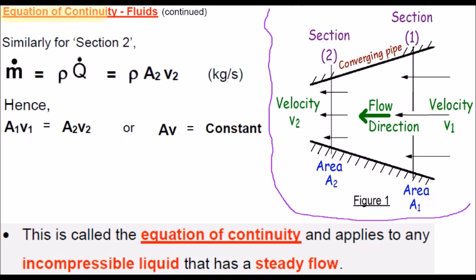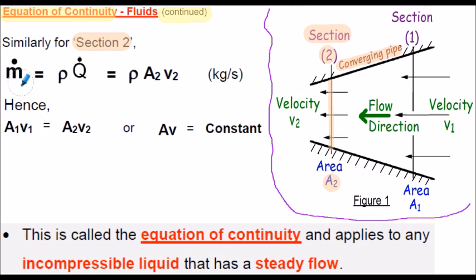Equation of continuity continued. If we now consider section 2 of our pipe, this is considered a converging pipe, so the diameter at section 2 is smaller than that at section 1, so the cross-sectional area A2 is less than the cross-sectional area at section 1.